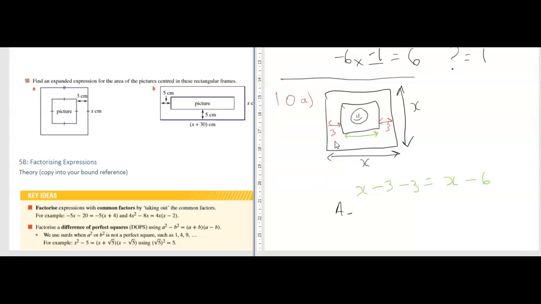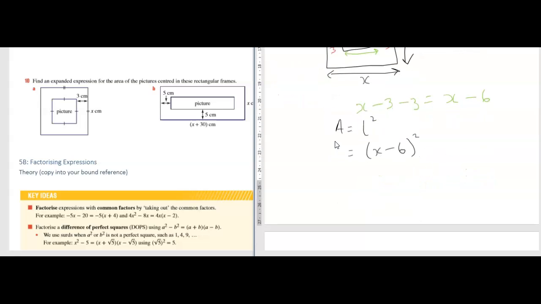The area of a square is length squared, so it's going to be x minus 6 squared. And we just have to find an expanded expression. Now let me just scroll up and see if I've got enough space. I do. So you can expand that if you like, but I know that because it's a perfect square, I can just go straight to writing that expression.